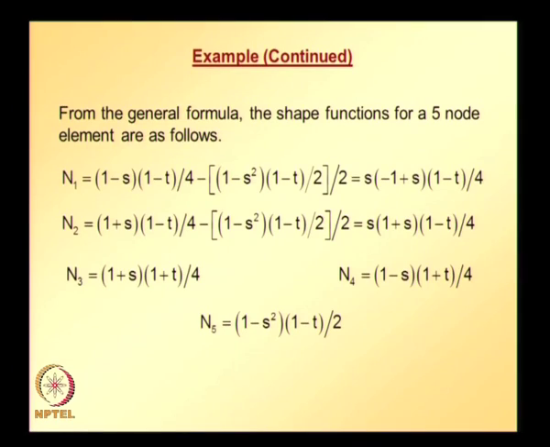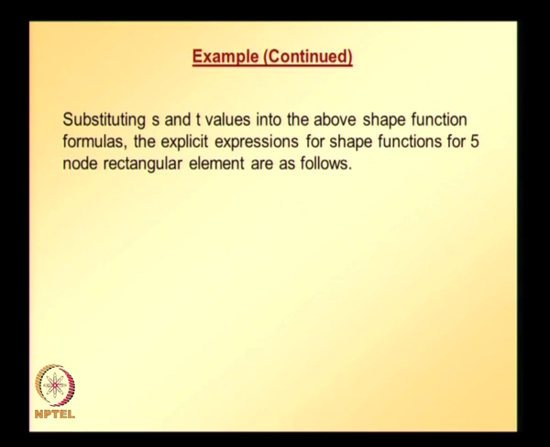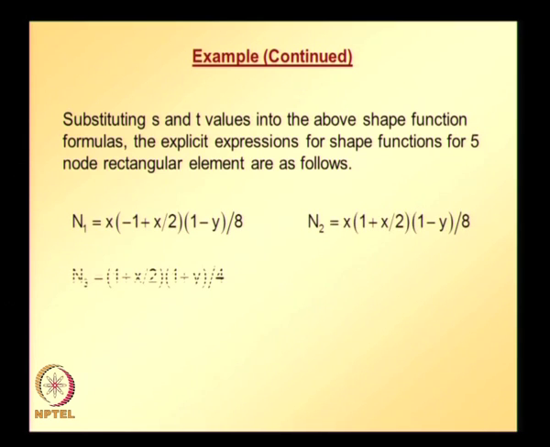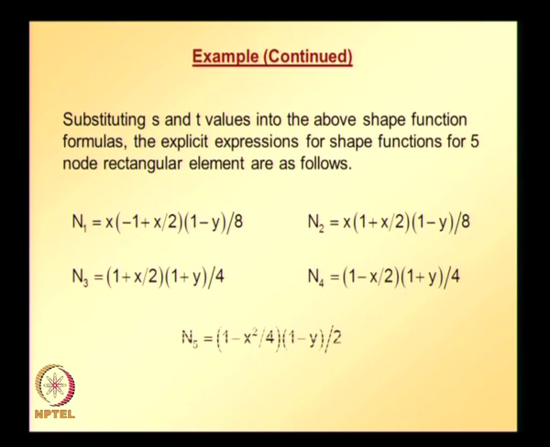So, substituting that into these expressions n1 to n5, we get shape functions for this particular element. Substituting s and t values into the above shape function formulas, the explicit expressions for shape functions for the 5 node rectangular element can be obtained as given here, n1 to n5 in terms of x and y.